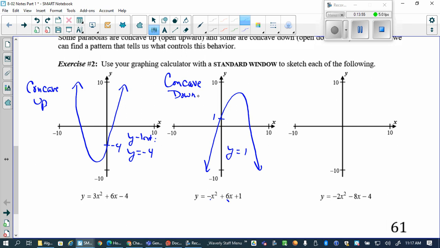Again, so probably about there, right? Use your calculator and get a rough sketch that goes through that -4. So the y-intercept is y equals -4, and that's concave how?